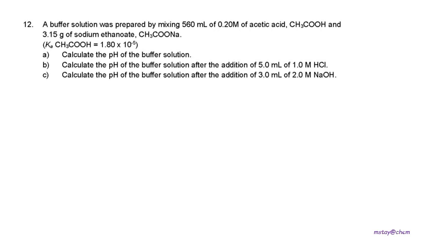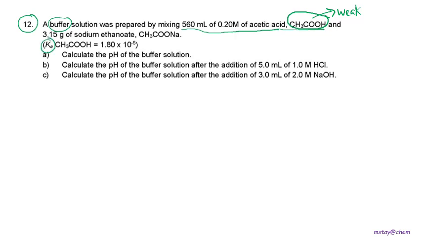Tutorial question 12. A buffer solution prepared by mixing 560 ml of 0.2 molar acetic acid, CH3COOH. So CH3COOH is not in the list of strong acids, so it is a weak acid. Based on the question, this is supported because the Ka value of CH3COOH is given.